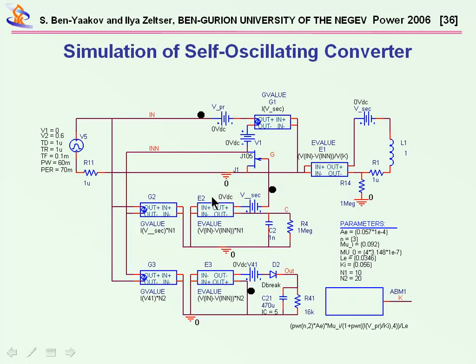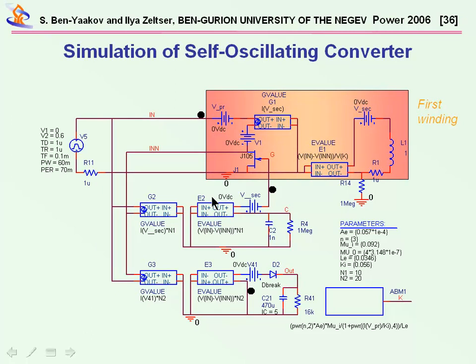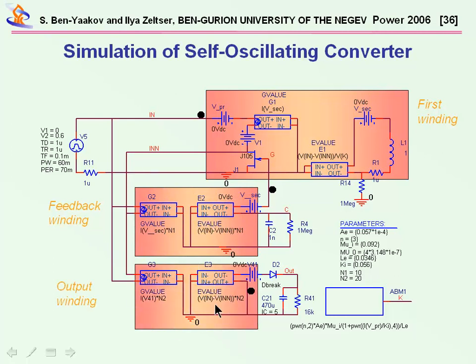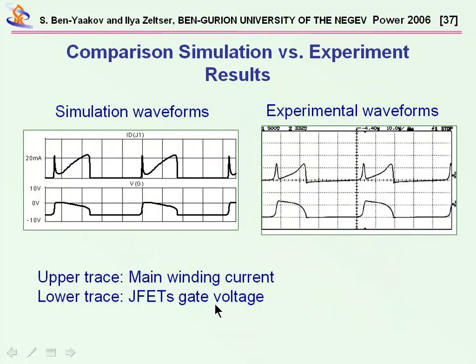I'm not going into too much detail here, except to say that the way we do it is, again, to reflect a linear inductor through non-linear dependent sources. In this case, we have two other windings. This is the feedback winding, and this is the output winding. And here is an example of the performance. On the left side, we see the simulation, and on the right side, we see the actual measurement.